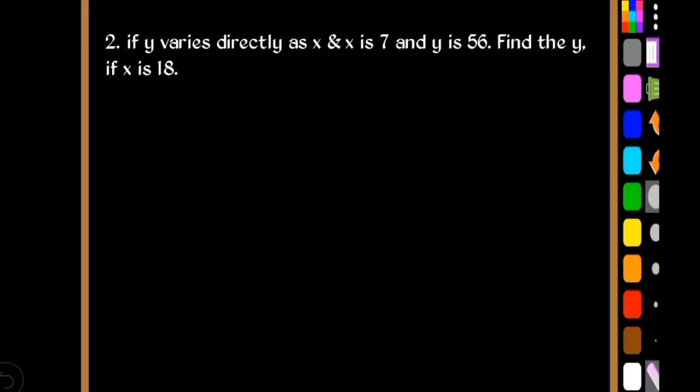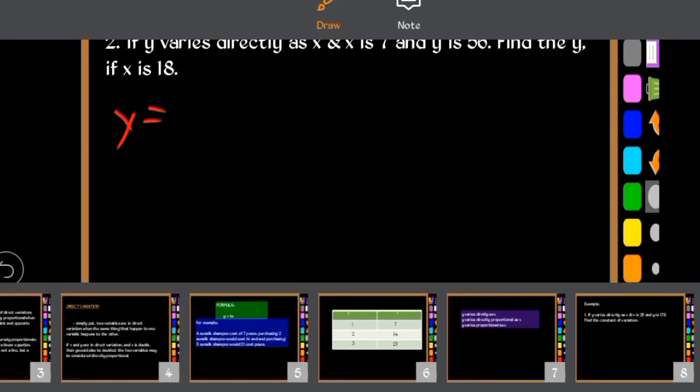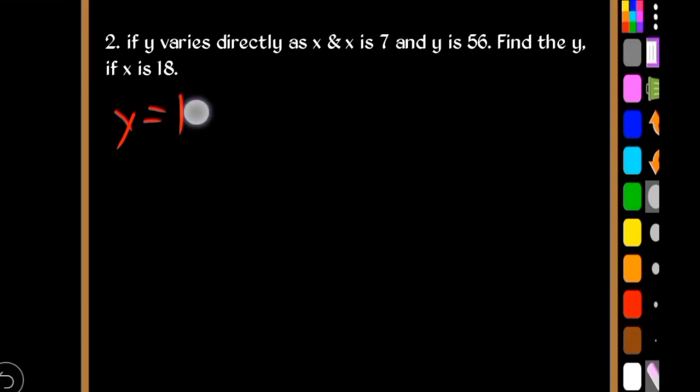Our second example is: if y varies directly as x and x is 7 and y is 56, find y if x is 18. So y varies directly as x, y equals kx.